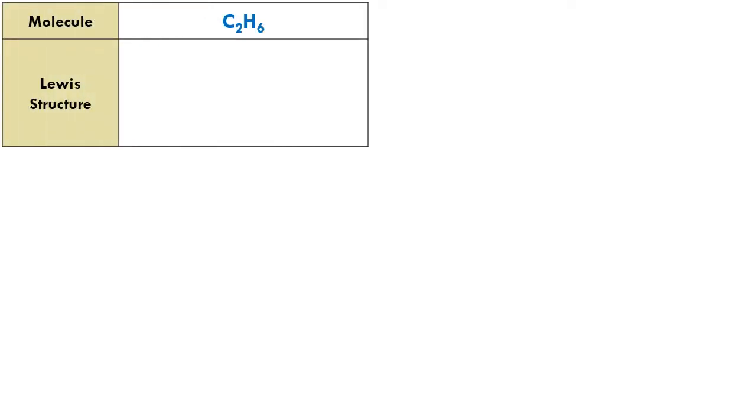The first example I'm going to show you is for C2H6. So kita akan start dengan Lewis structure. So this is the Lewis structure for C2H6 yang mana dekat sini as you can see, okay, we have 2 central atom over here. Okay, so kalau saya boleh label dia punya central atom.